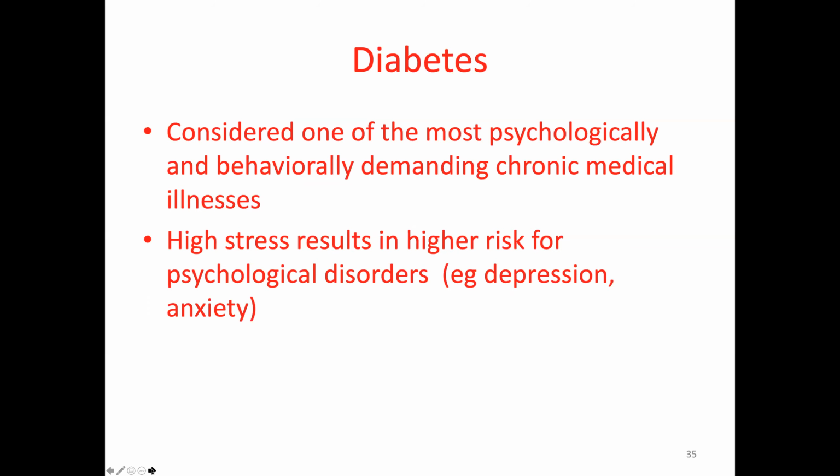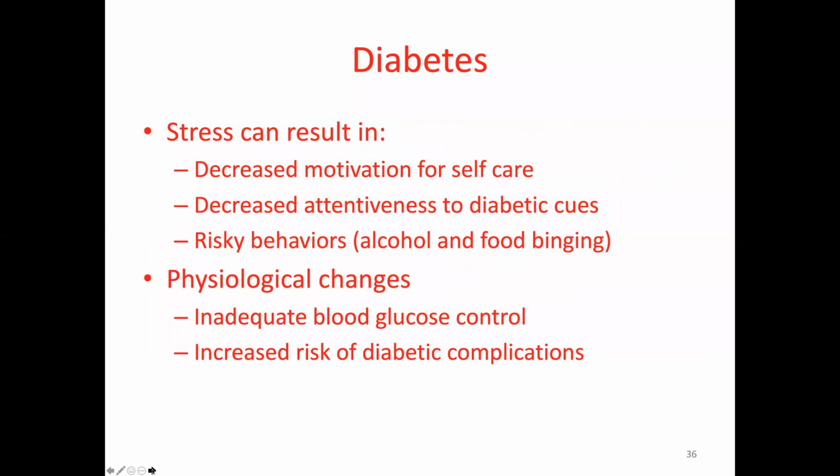This high stress puts them at a higher risk for things such as depression and anxiety. And that can even make things worse, because that puts an even higher demand on them. When they get stressed, what we see a lot of times is that diabetics will lose motivation for self-care.